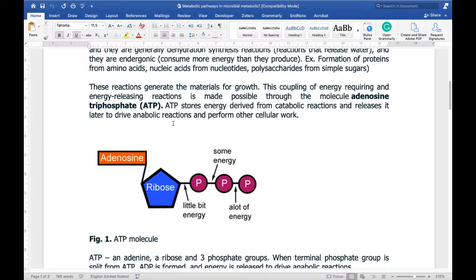So these reactions generate the material for growth, and this coupling of energy requiring and energy releasing reactions is made possible through the molecule adenosine triphosphate. ATP stores energy derived from catabolic reactions and releases it later to the anabolic reactions and other cellular work.